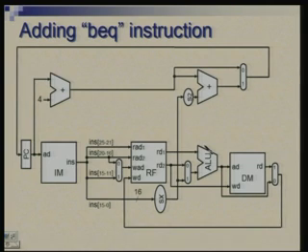Again, we will get into those details when we discuss the control. For the moment we assume that somehow there will be some logic put together which will take care that a correct value 0 or 1 is given here. So as far as the data path is concerned, what we have introduced here essentially is one multiplexer and one adder, and this wiring of signals, so that a shift of 2 bits takes place.